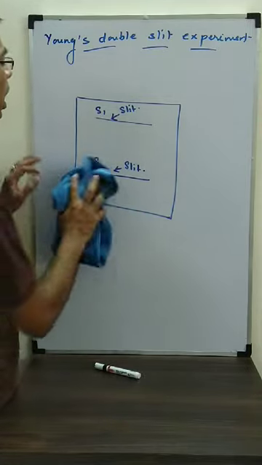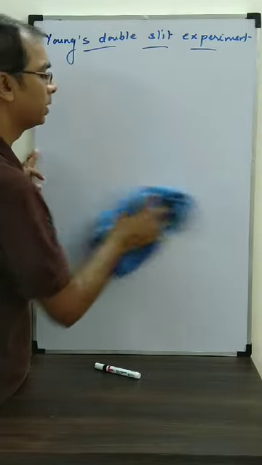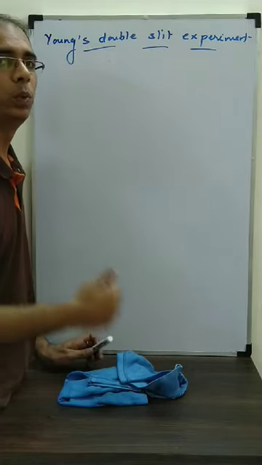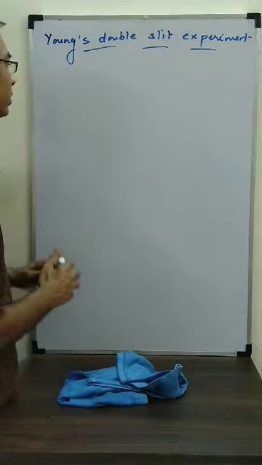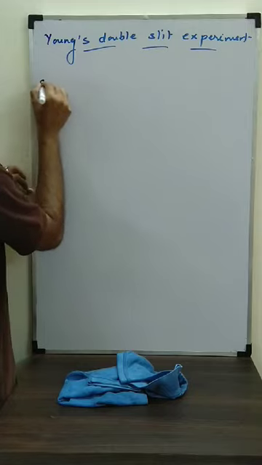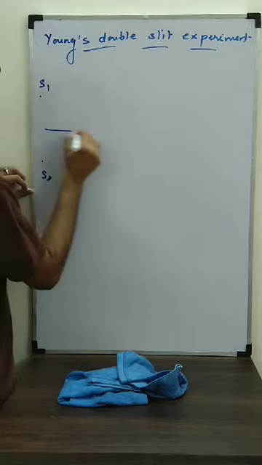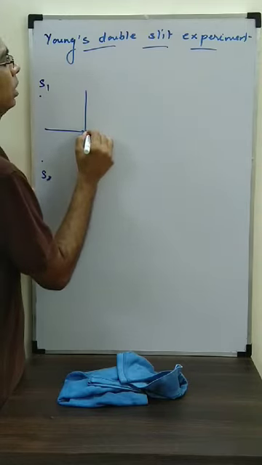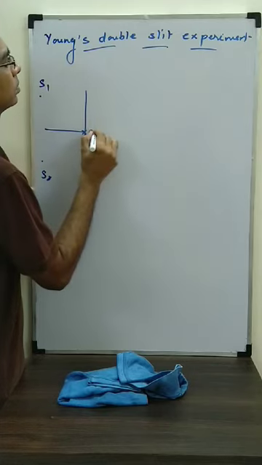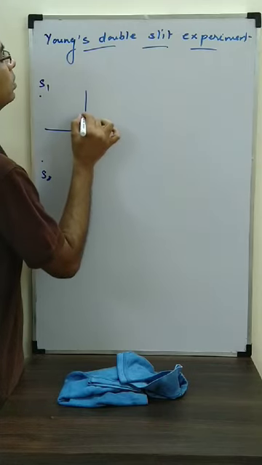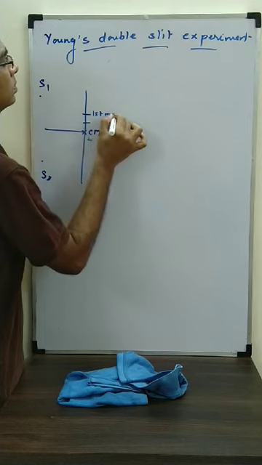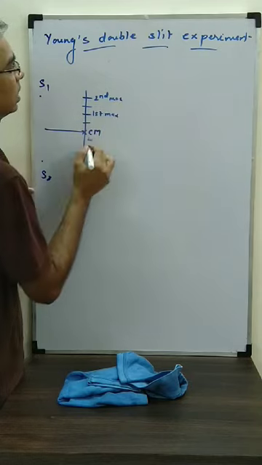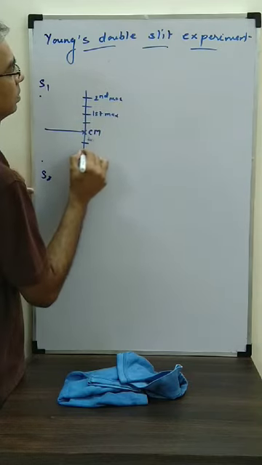Now we are going to see how this interference pattern will appear on the screen. We know that the intensity 4I0 will be there. But how will the interference appear? Again, this is S1, this is S2, this is the screen, this is the zero maximum, the central maximum, then first minimum, first maximum, second minimum, second max. The same way here.